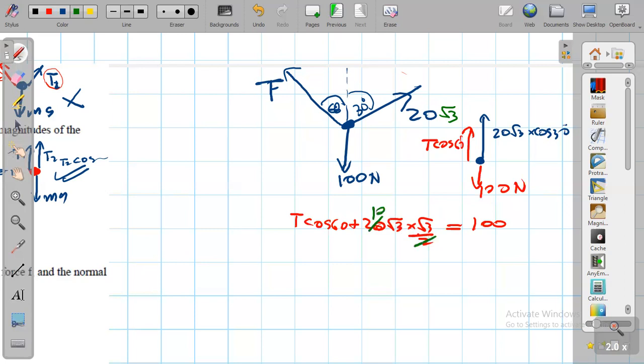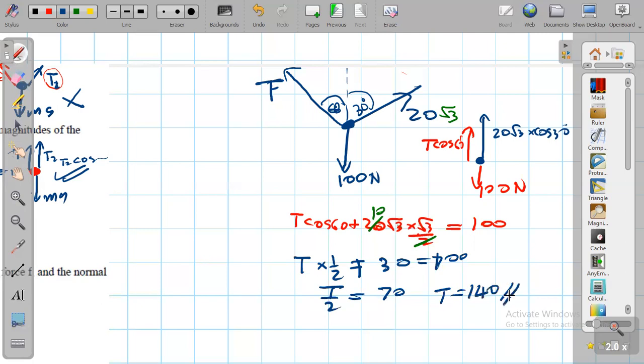This is 10 and root 3 times root 3 is 3. So cos 60 is half, plus 30 equals 100. T over 2 equals 70. T equals 140 Newton. Can you see that?